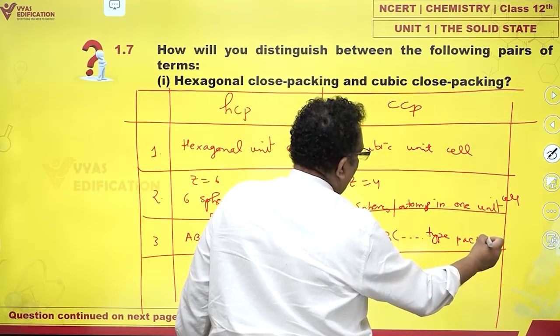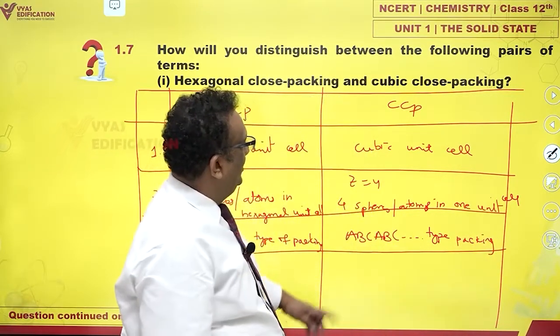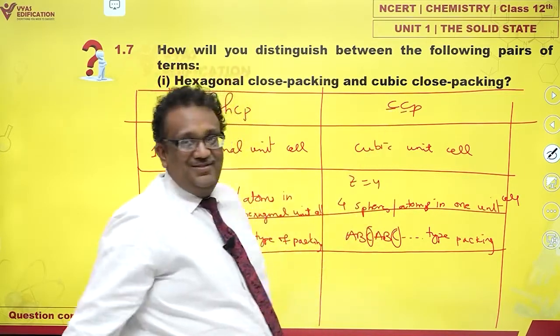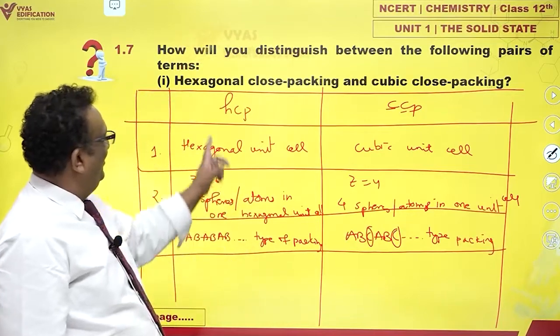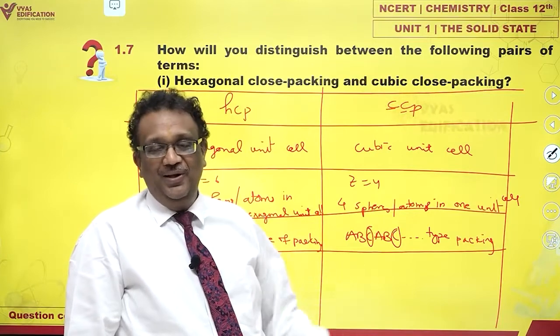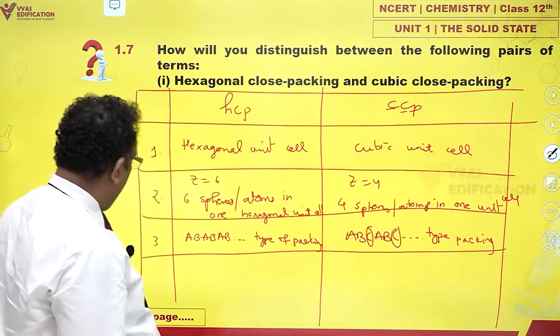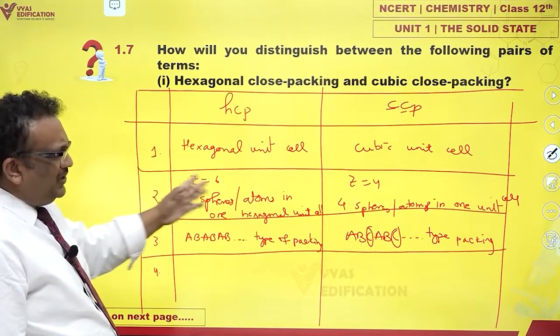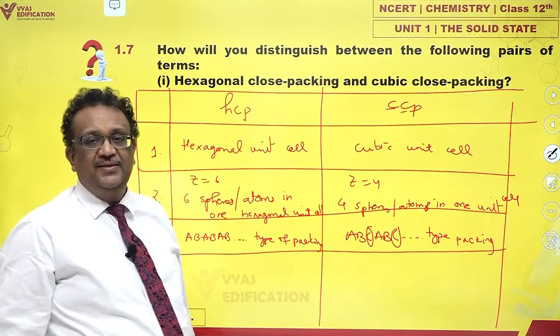You know, if you forget this, I'll give you a trick. When C comes here, here also C comes. When there is no C here, it does not begin with C at least. It could be a trick in case you want to just mug this up. These are some very major differences.